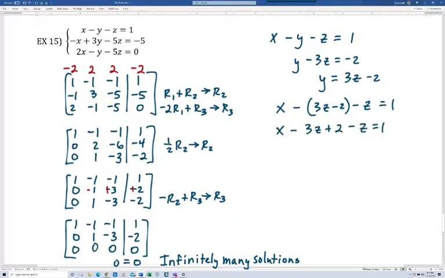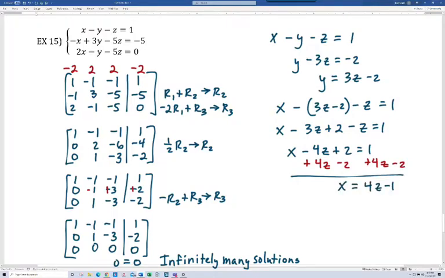We get x minus 3z plus 2 minus z equals 1. And let's simplify the left side here. We can combine our z terms. We'll get x minus 4z plus 2 is 1. And I'm trying to get x by itself, so let's add 4z to both sides and subtract 2 on both sides. On the left, we get just x. And on the right, we're going to have 4z minus 1.